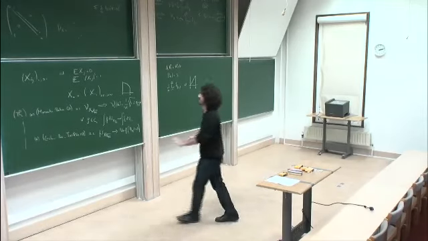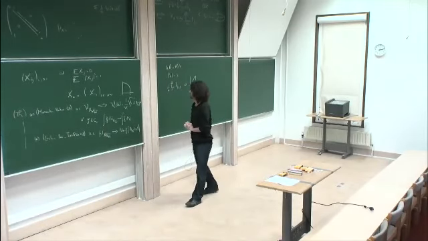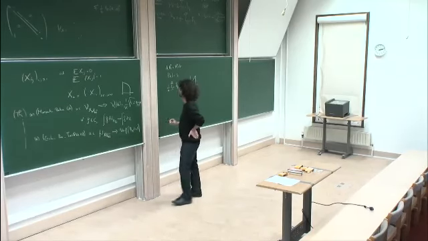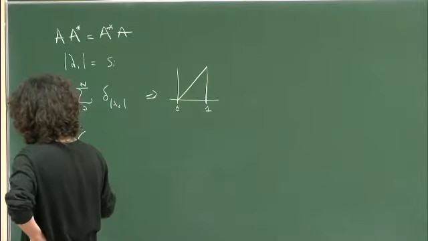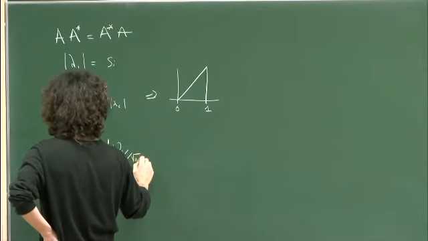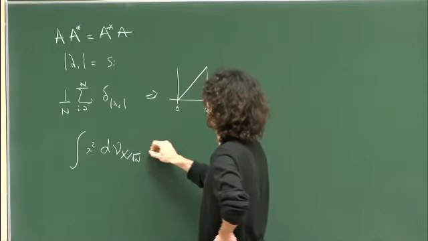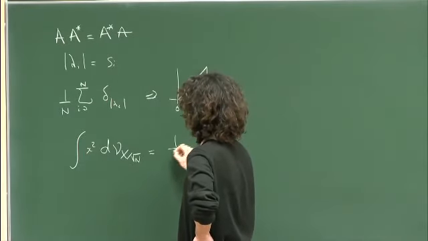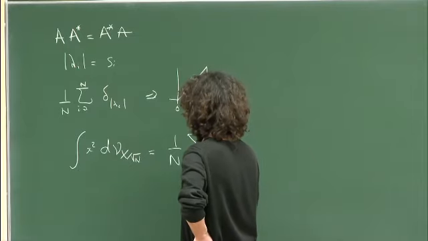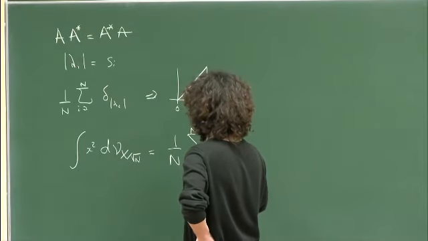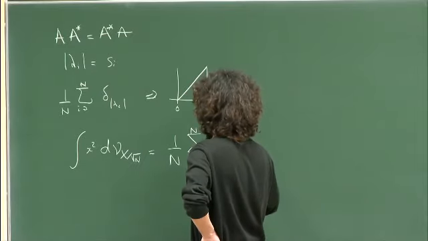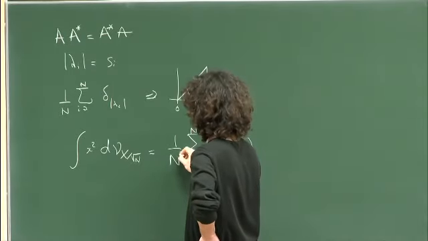Yes, why the square root of n? There is nothing fancy with that. It's a one-line computation to guess that this should be square root of n. If you try to compute, for example, the integral of x squared of this, so by definition, it will be 1 over n, the sum of the square of the singular values of your matrix X, and here I can put a square.